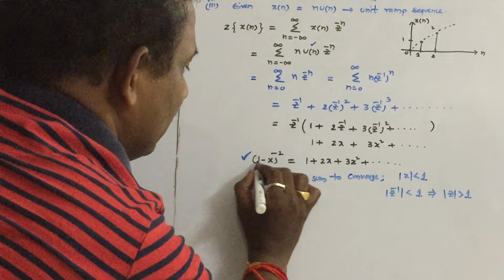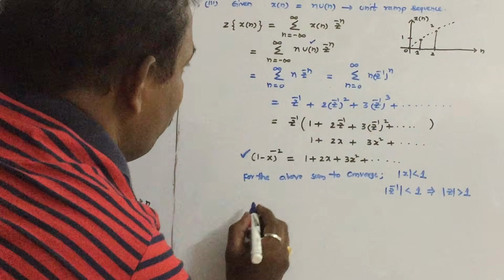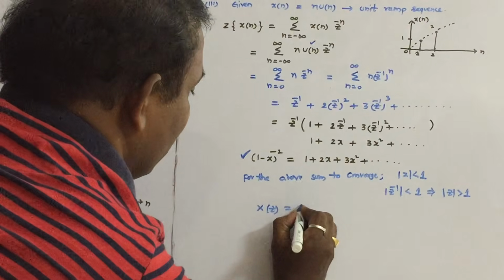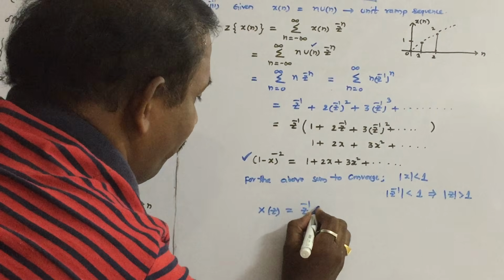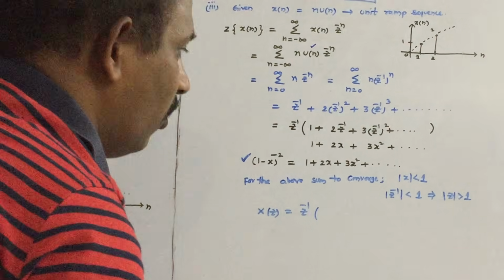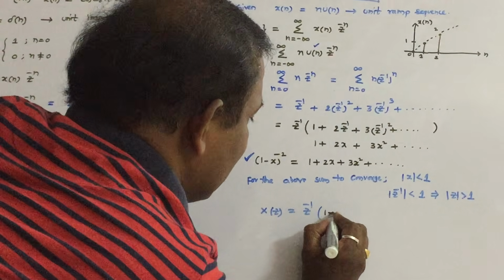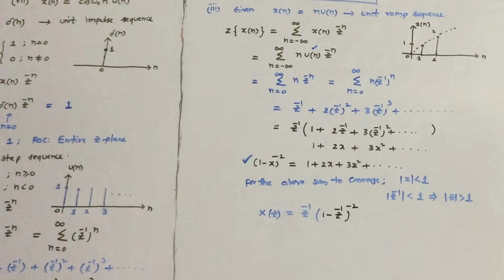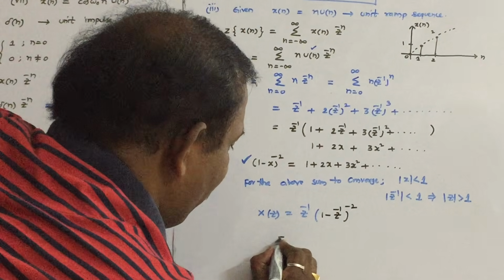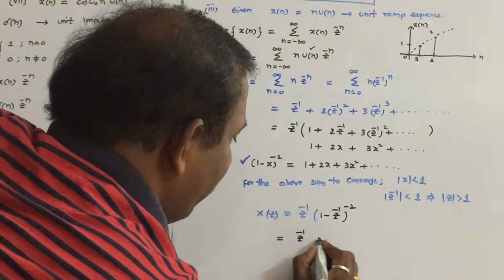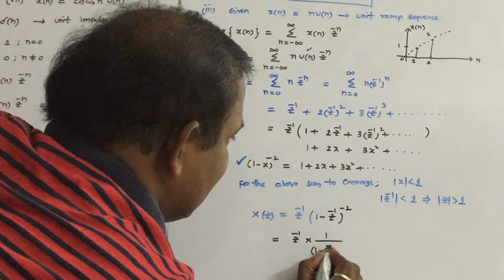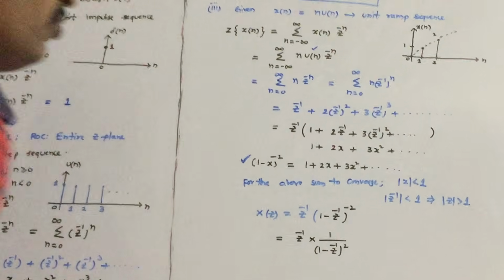So let us apply this formula to this term. The Z transform of x of n is written as X of z. So this is z power minus 1, and what is the formula for this? 1 minus z power minus 1 whole power minus 2. Let us simplify this: z power minus 1 into 1 by 1 minus z inverse whole square.